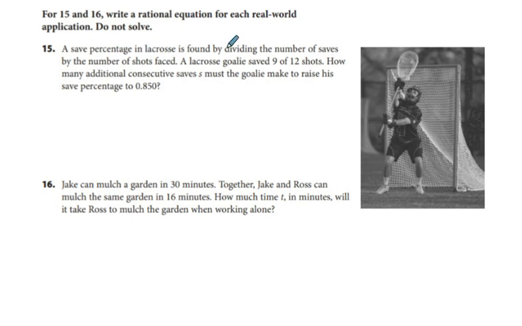I find fault with this problem, the language. The save percentage in lacrosse is found by dividing the number of saves by the number of shots faced. And what else do you have to do? Multiplied by 100 to get percentage, okay?